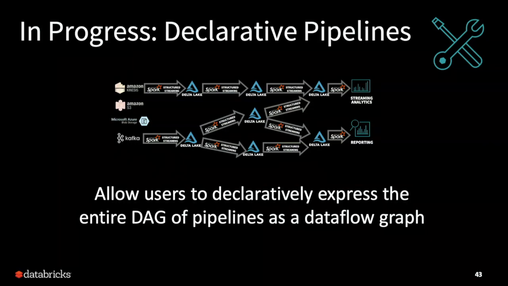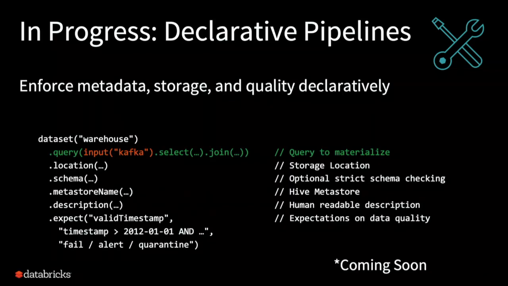And we want to be able to reason about the entire pipeline, the entire DAG of all the steps, and say whether we are getting the correct final result in our reports or not. And so what we're trying to build right now is a declarative way of specifying the entire DAG, not just individual hops, but the entire DAG, as a complete data flow.